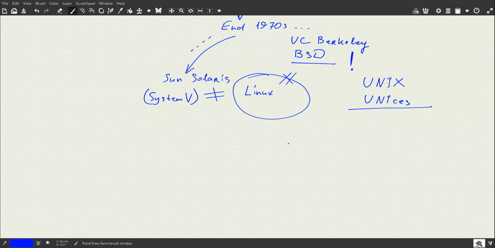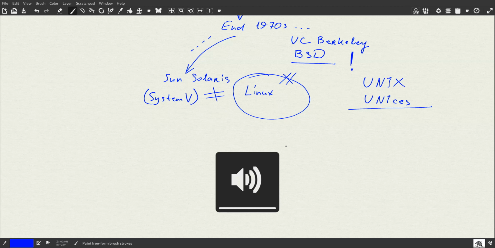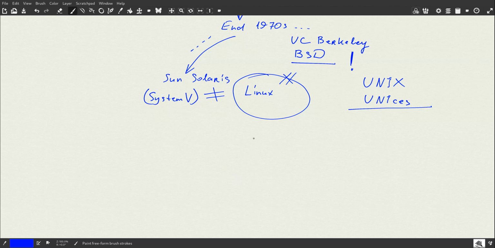Okay, so we're back. Let's continue. What are we talking about? We're talking about families of modern operating systems, right? So we know already that Linux is not the only Unix-like operating system.